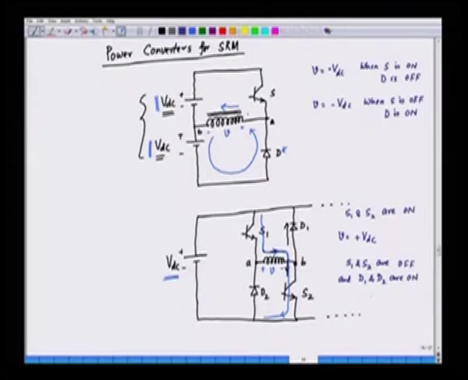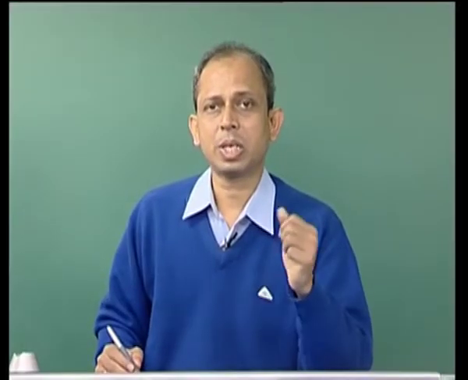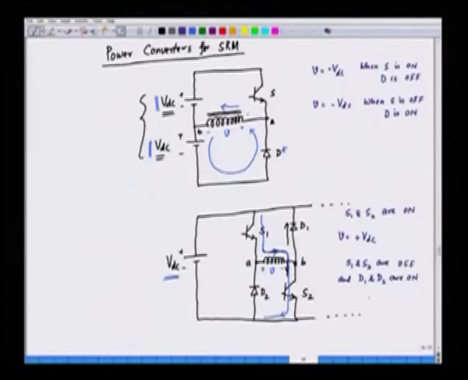So, naturally, the diodes will be reverse biased, and especially when the switches S1 and S2 are on, D1 is fully reverse biased, it is off, D2 is fully reverse biased, and that is also off. So, we can also say that when S1 and S2 are on, D1 and D2 are off.